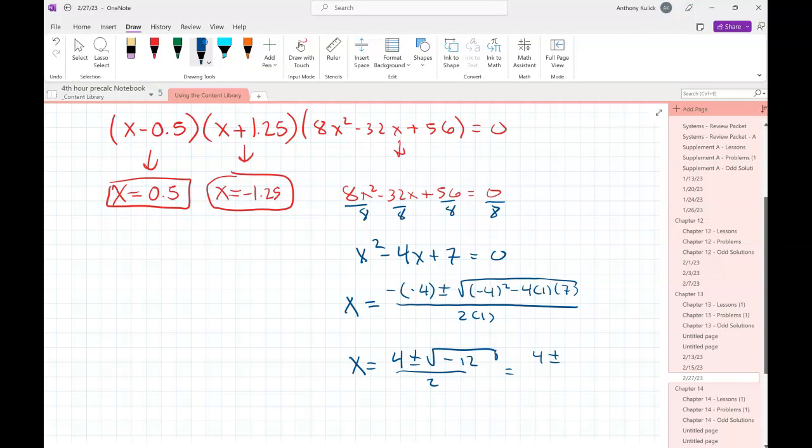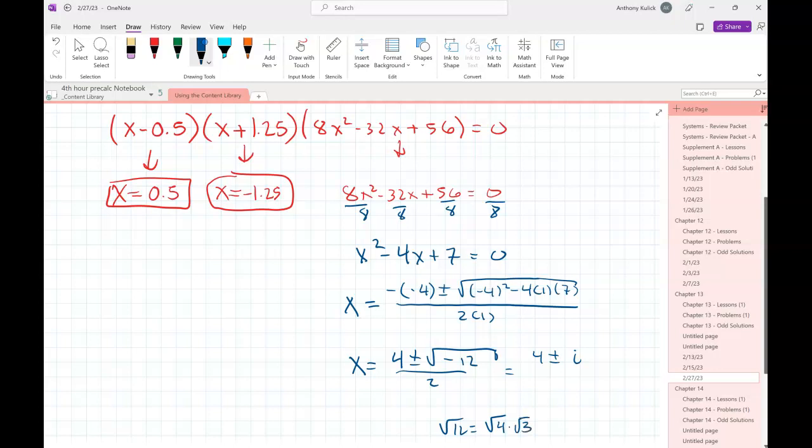What's the square root of a negative going to have? We're square rooting -12. I, because it's got a negative. How do I simplify the square root of 12? Square root 4 times square root 3, right?